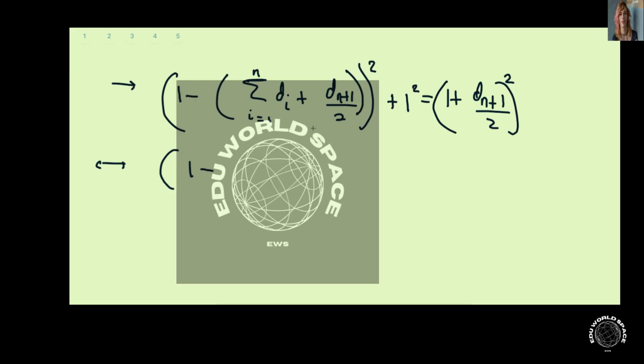Now, how can we rewrite this? We would like to rewrite this sum, so we know di using the hypothesis, 1 over i times i plus 1. This is an important step right here. We're replacing the di with this. So for the induction, we assume that the formula is true.